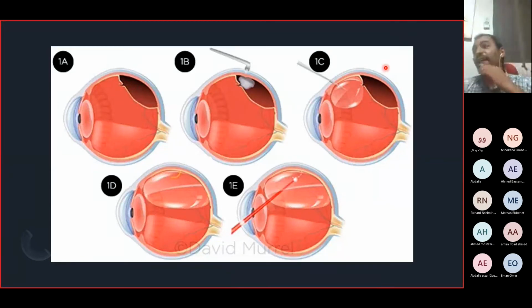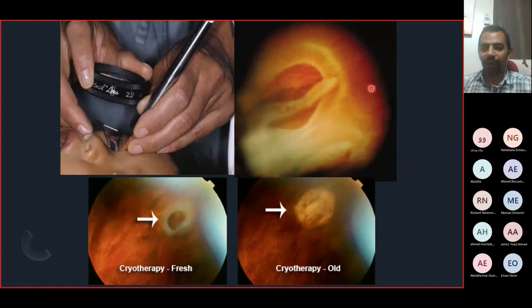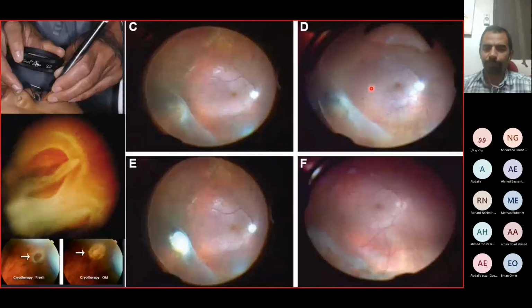Of course, the drainage has some complications, that you may injure a choroidal vessel and cause some subretinal or intravitreal bleeding. So if you can avoid it, it's better. But sometimes you want to make sure that the break is closed and there is no subretinal fluid. So you may want to do this drainage of subretinal fluid.